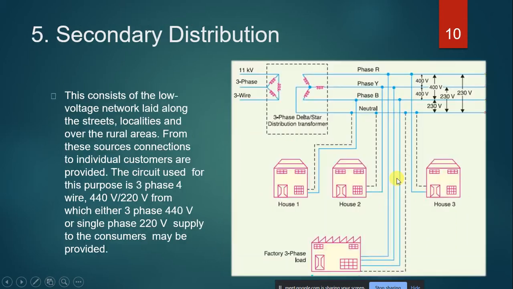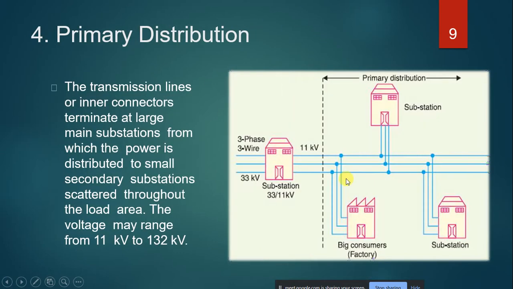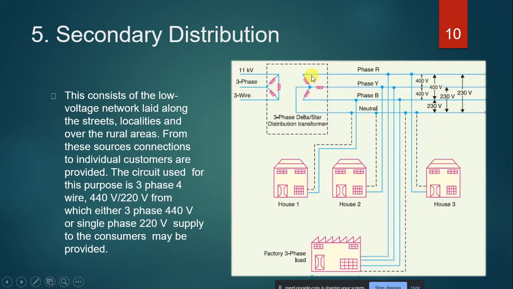This is primary distribution. Secondary distribution is from the 11 kV substation. From the 11 kV substation you will get a phase and neutral, three phases and one neutral, which I have already discussed. One phase and one neutral will be given to each individual house.